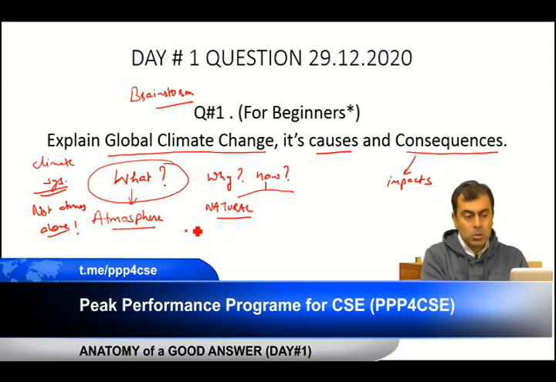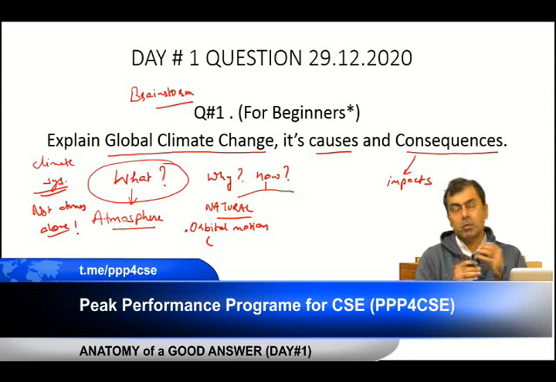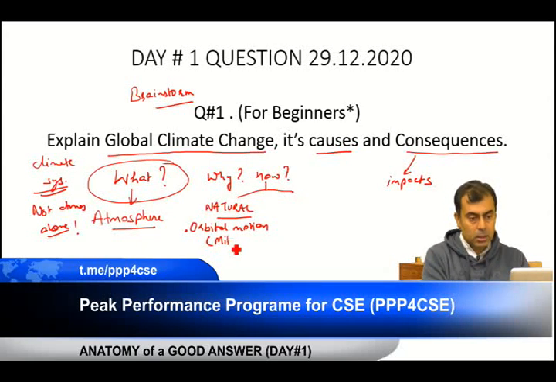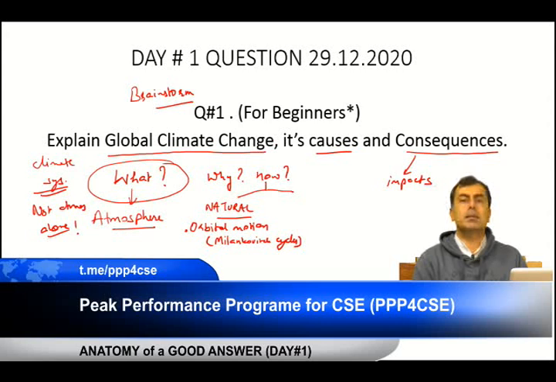It is because of Earth's orbital motion. There was a Serbian climatologist or meteorologist, his name was Milutin Milankovic. His cycles are called Milankovic cycles. Sir, I don't know about these cycles. I said 30 minutes of reading, please do that.